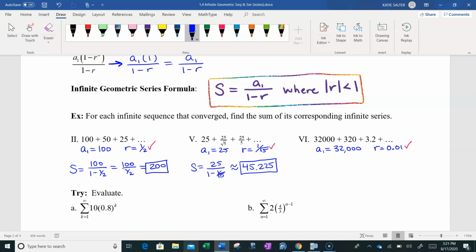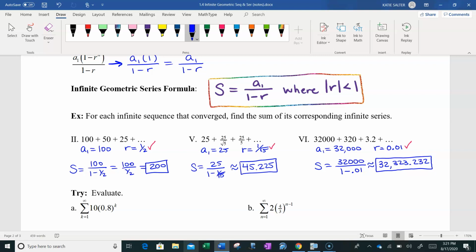We can calculate this sum. So that would be 32,000 divided by 1 minus 0.01, and so that ultimately gives us 32,323.232, and that would be the sum of its infinite series.